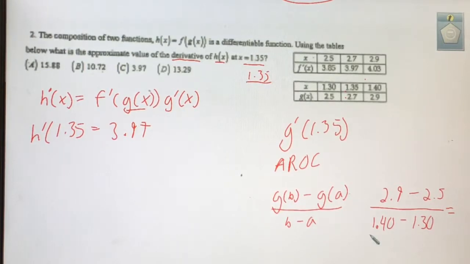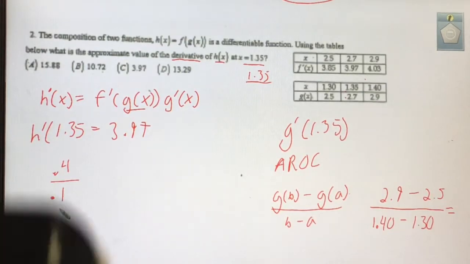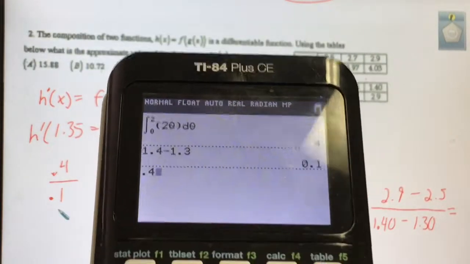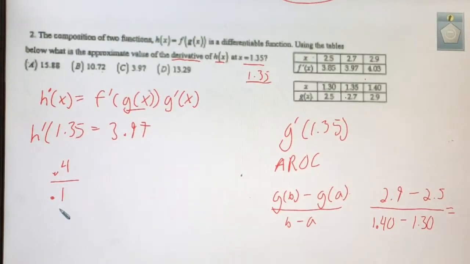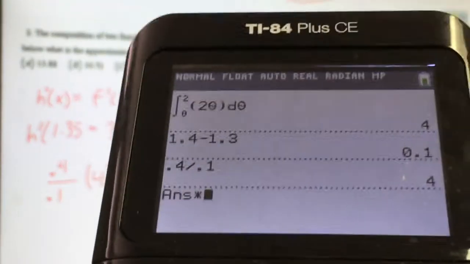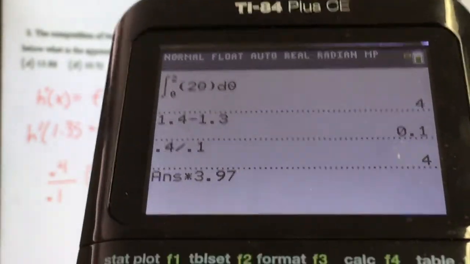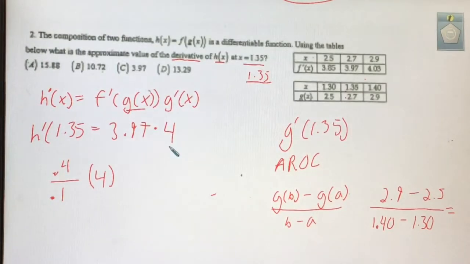That gives me 2.9 minus 2.5 is 0.4 over 1.4 minus 1.3 is 0.1. 0.4 divided by 0.1 is 4. And now I'm supposed to take that 4 and multiply it by 3.97. That's 15.88. And there it is, choice A.